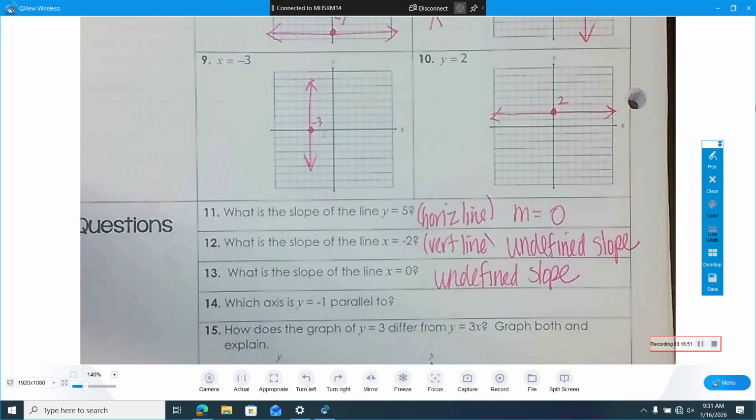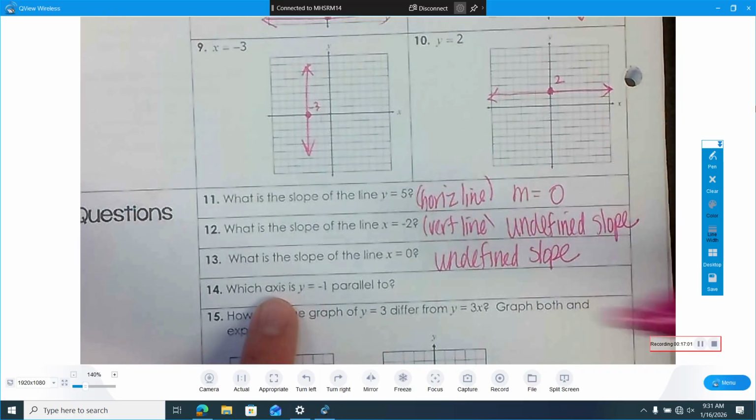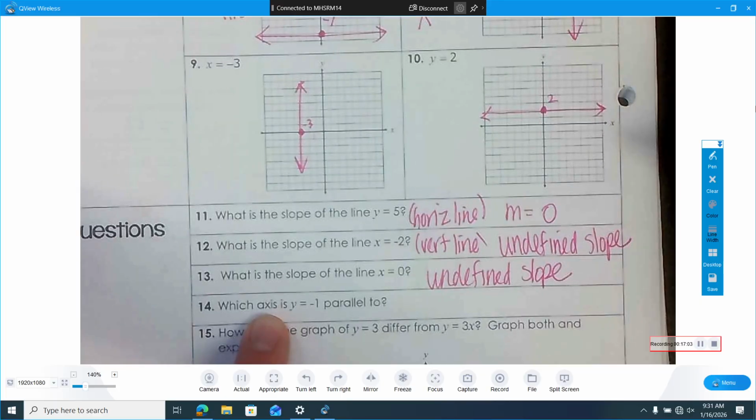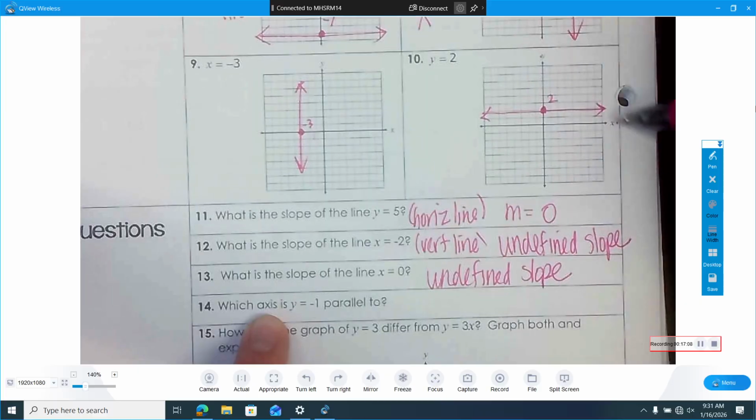These are interesting questions. Which axis? What are they talking about when they're asking which axis? Yeah, we got the x-axis and we have the y-axis on our coordinate planes. So our x and y-axis.